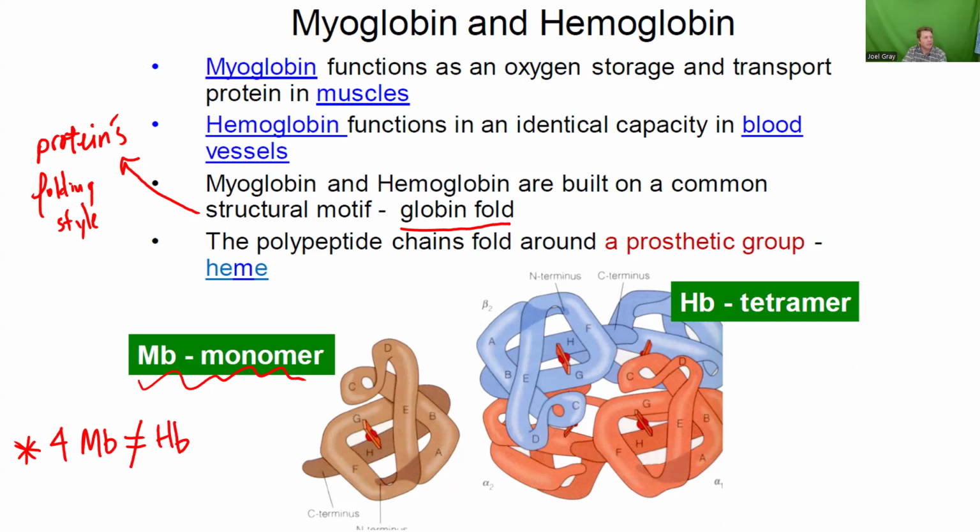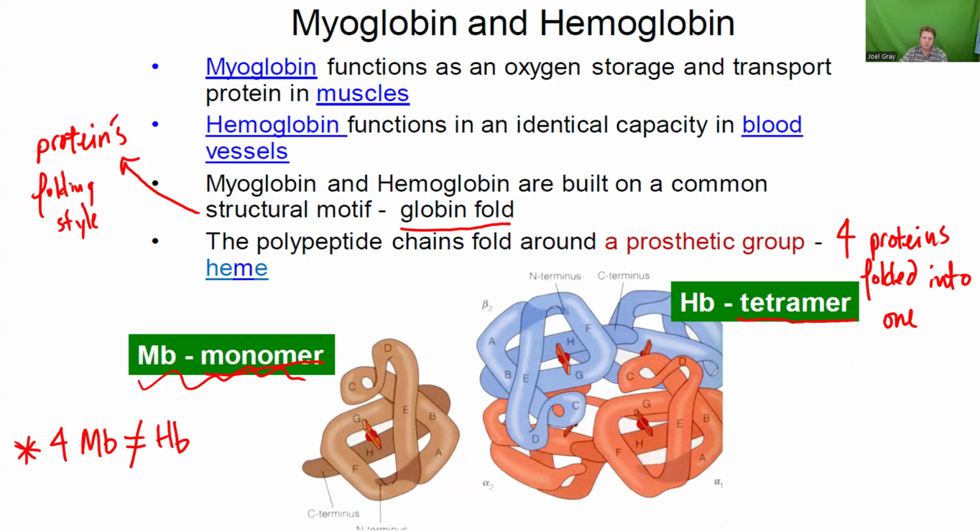So myoglobin is a monomeric protein. Myoglobin is always going to exist as a single polypeptide. Hemoglobin, on the other hand, is a tetramer. So that means it is 4 polypeptides, 4 proteins folded into 1.